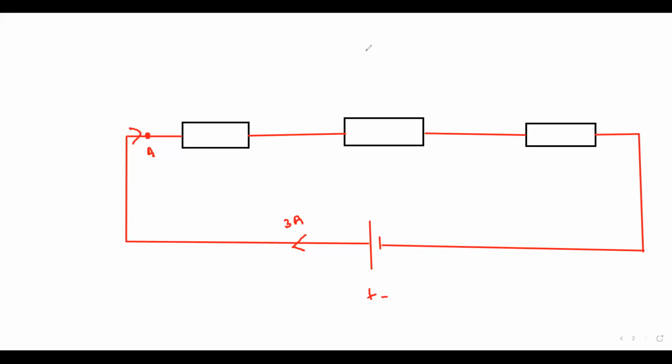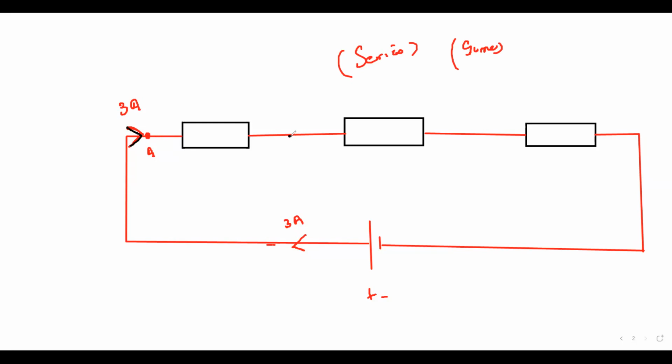Because this combination is a series combination, and in a series circuit the current throughout the circuit is the same, this will be 3 ampere, because the current in series is always the same.